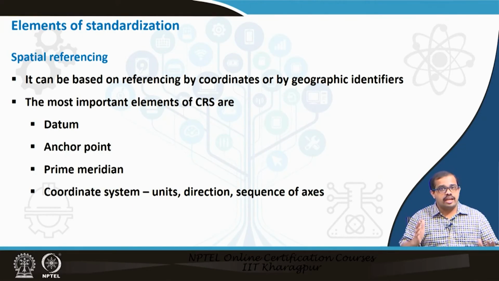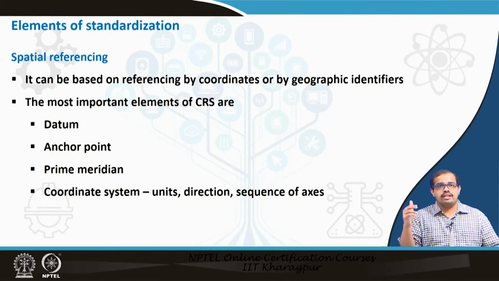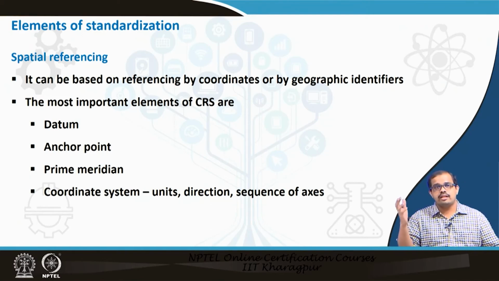It has to be in the same referencing system, so that it is much easier for an interpreter to interpret, understand, compare, and generate the different models that may be required for any kind of analysis or decision support. The 4 main elements of the CRS are the datum, the anchor point, the prime meridian, and the coordinate system, that is with units, directions, and sequence of axes. All of these come under that part.